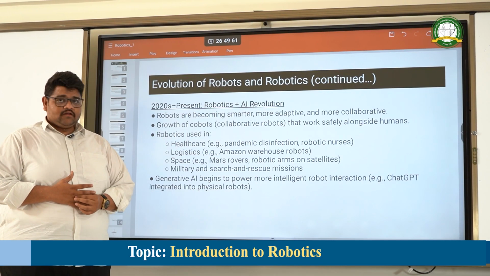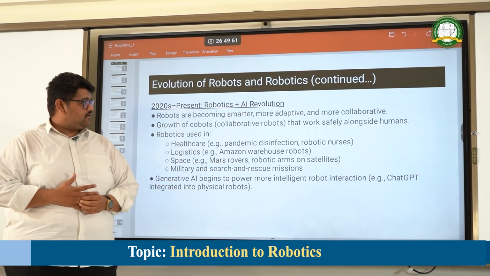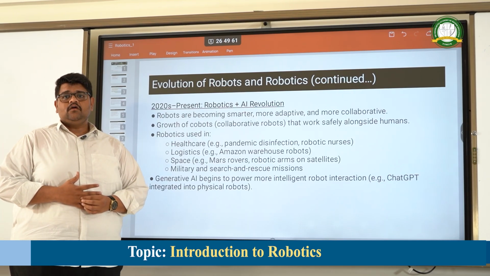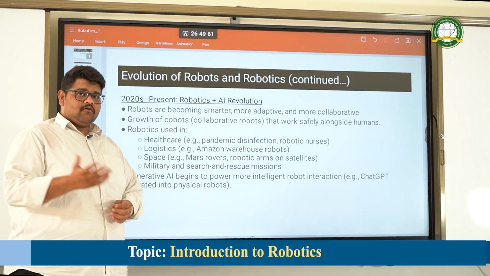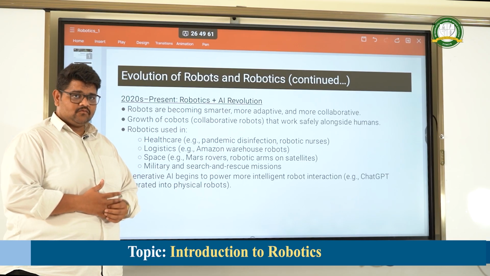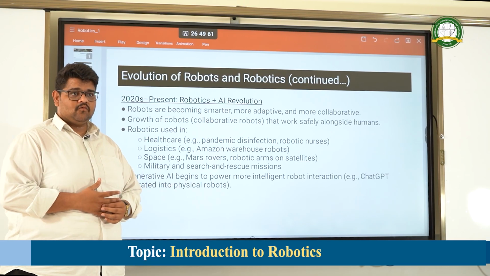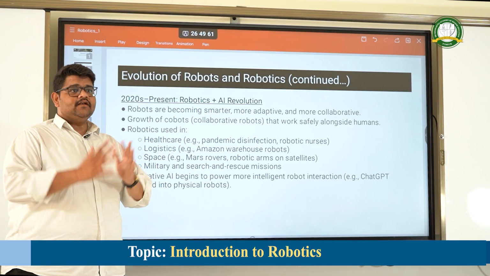Robots are being used in healthcare, logistics, space, and the military, in rescue missions. And we all know ChatGPT and other artificial intelligence tools, and these tools are being integrated into robots to make robots artificially intelligent.